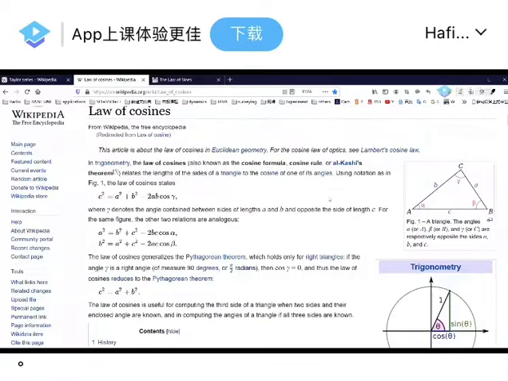And for this one basically you need two sides. So the relation over here: c square equals a square, a square is this side, a square plus b square minus 2ab times cosine gamma. Gamma is this one.